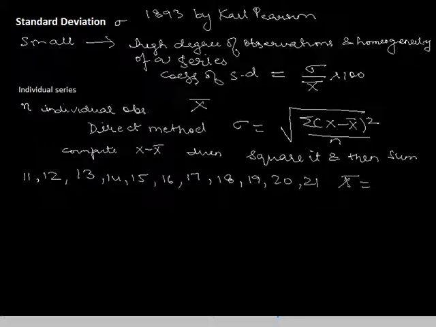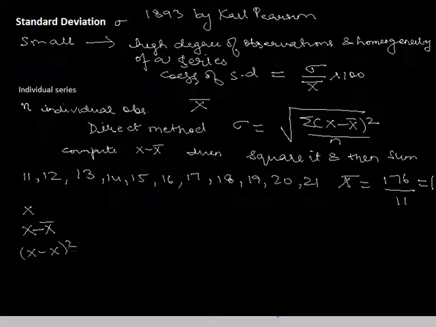X bar, if you see, will come out to be 176 upon 11, which is 16. 16 is x bar, and first of all you need to find x minus x bar, then x minus x bar whole square.